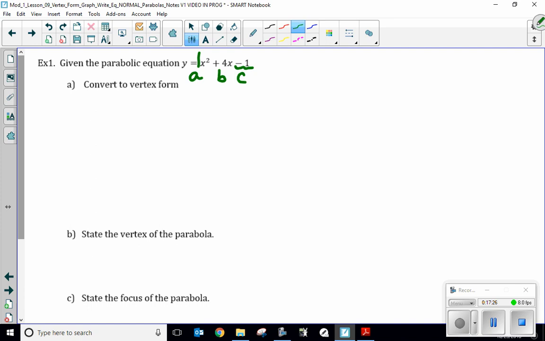The first thing I need to do is I need to find my vertex. Okay? So I'm going to do this work right here. In order to find my vertex, I can do this algebraically on a standard form of a quadratic or parabola. This is standard form. They want it in vertex form. Okay?